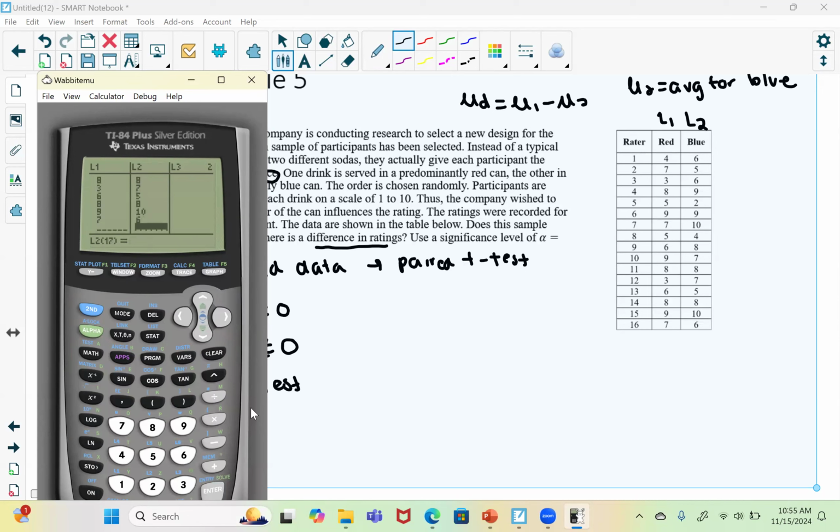And for paired data, again, I always have the same number in each list. And again, just make sure you check your list.